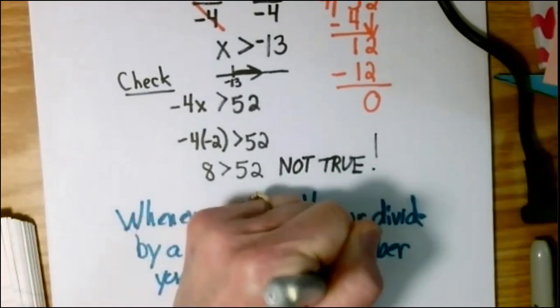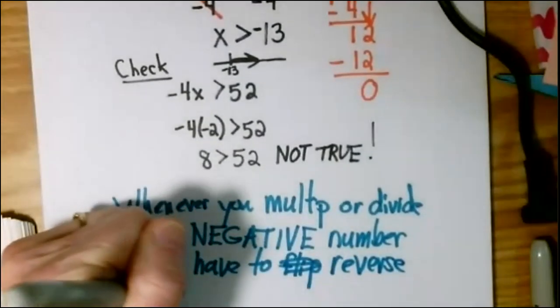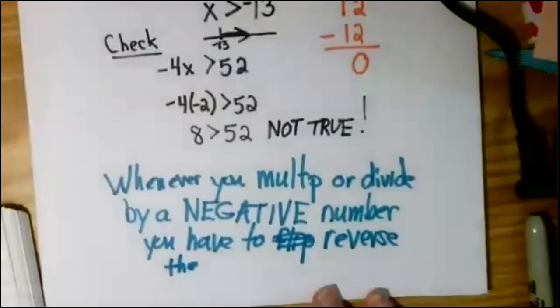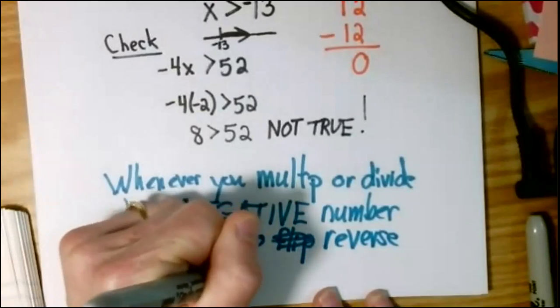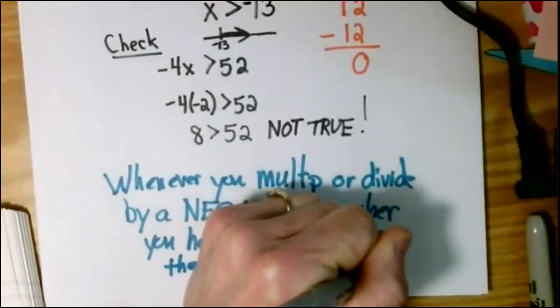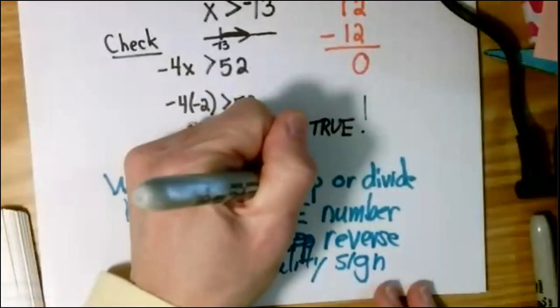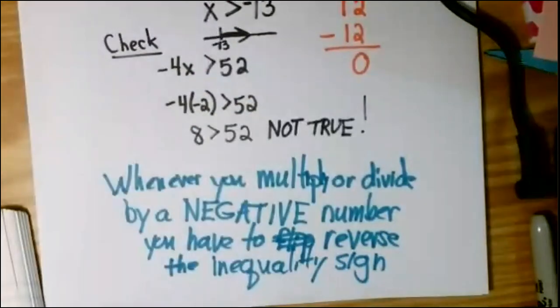We'll use reverse. Write this down. This is something you're definitely going to need to remember for many years to come. So whenever you multiply or divide by a negative number, you have to reverse the inequality sign.